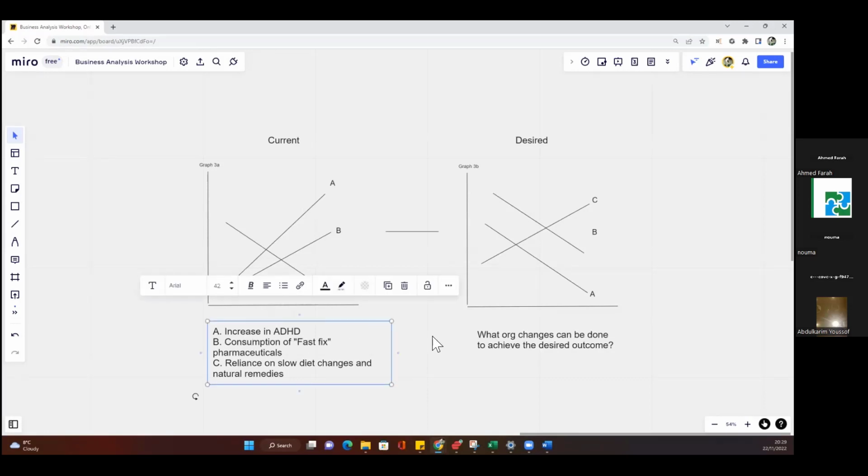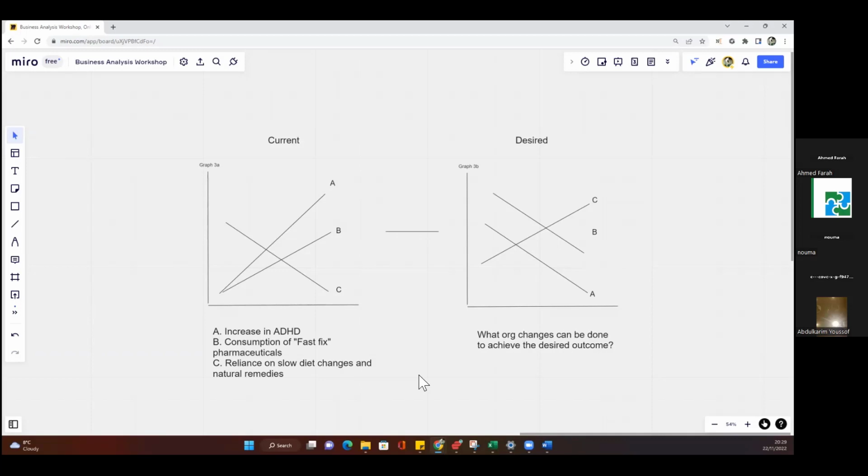That's one of the possible reasons why. Because what we want to understand first of all is why. Why is this going up? Why is this going down? And then how is it affecting us? And then how can we actually change that?